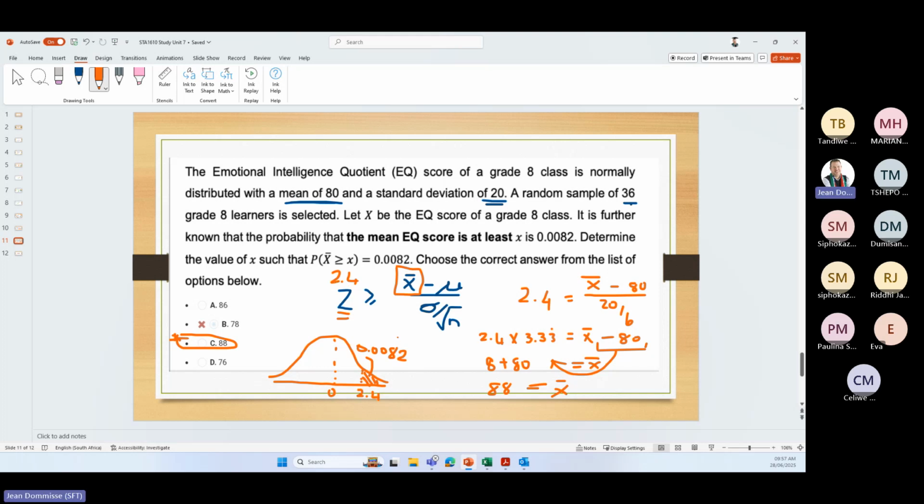Else we're not able to. So they need to at least give us the probability of the z, and then we can work out any of the other 4 in a question like this.